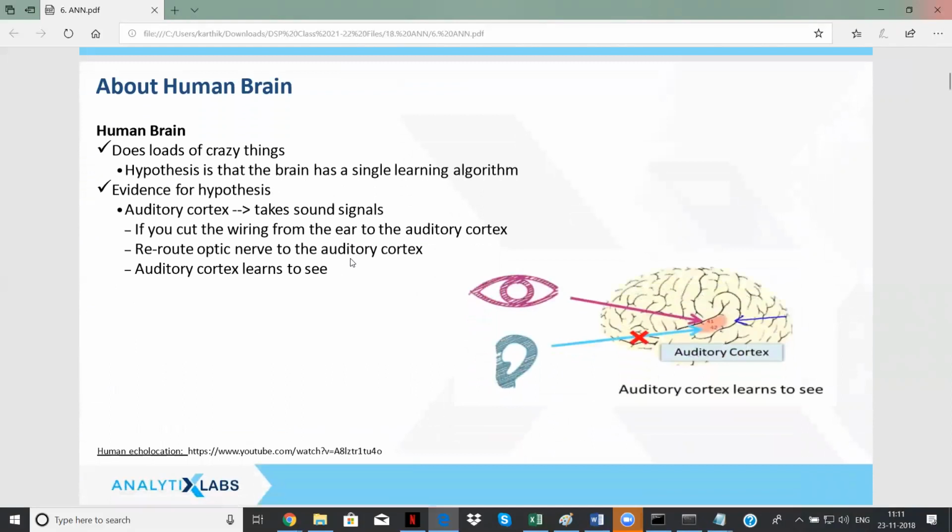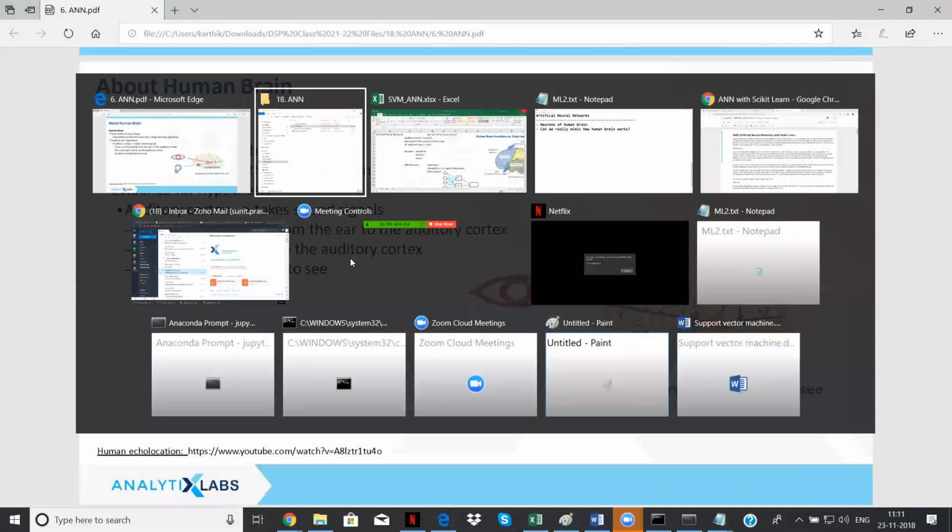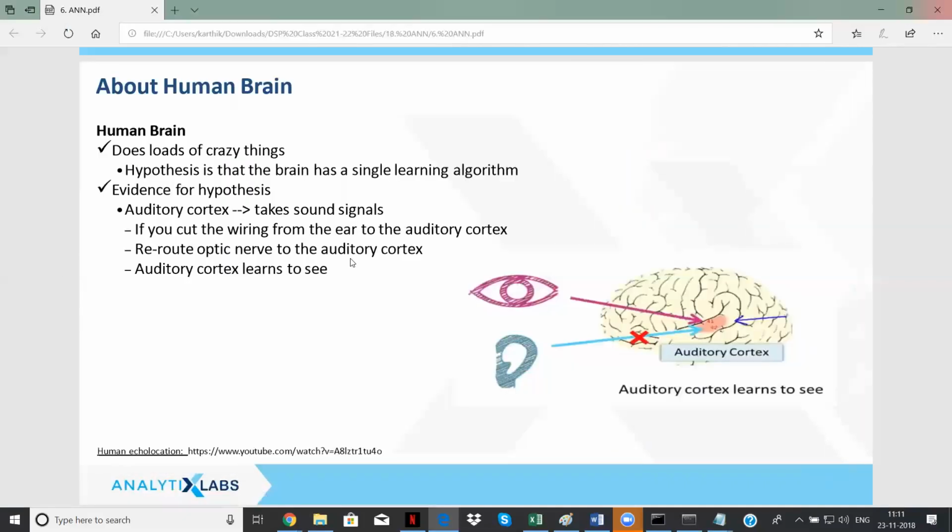The major motivation towards artificial neural networks is actually a proven theory. They did not test this on humans, but they had actually tested it on mice, obviously, of all animals. I have my auditory cortex, responsible for hearing, and I have my optical lobe, which is responsible for seeing.